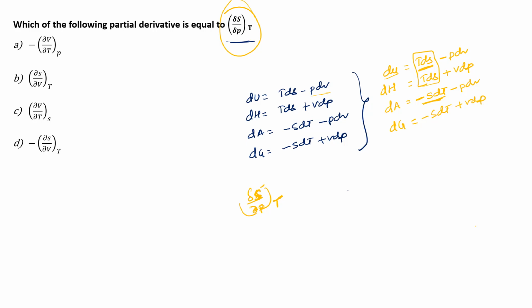Now if you see this equation, dG equal to minus SdT plus VdP, you see S is non-differential, and this dP will come from this location, and the constant term will come from the first term. So here it is dT, so yes, we can write a constant term over here. There is no issue over here.